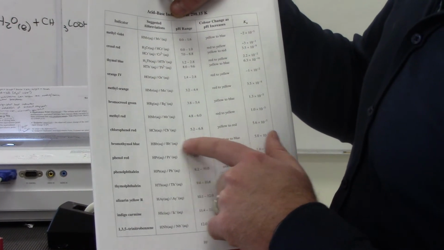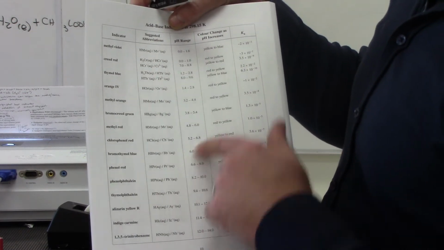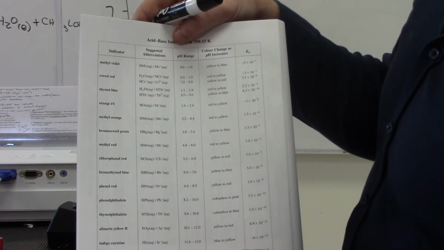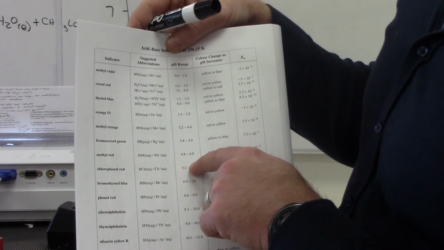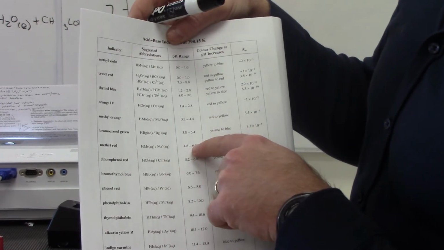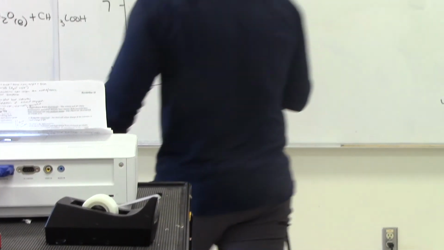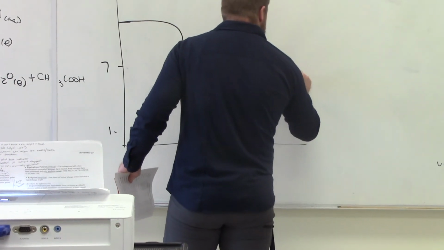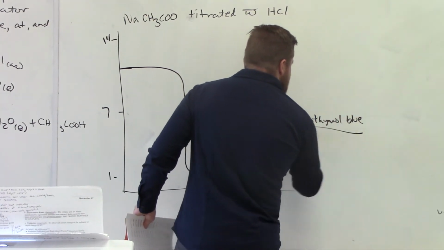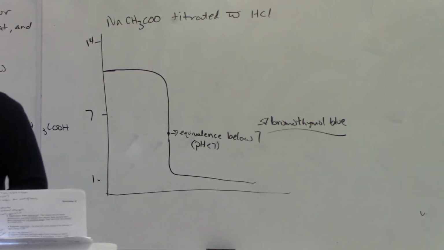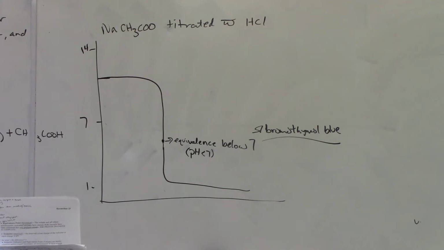Bromothymol blue turns yellow and is permanently yellow after a pH of 6. So I'm going to pick bromothymol blue. I could have also picked something like chlorophenol red. Even methyl red would have worked here because these are all slightly below 7. But bromothymol blue will be the first one that changes. So my indicator here will be bromothymol blue. The other options wouldn't necessarily be wrong, they just wouldn't necessarily be as accurate.